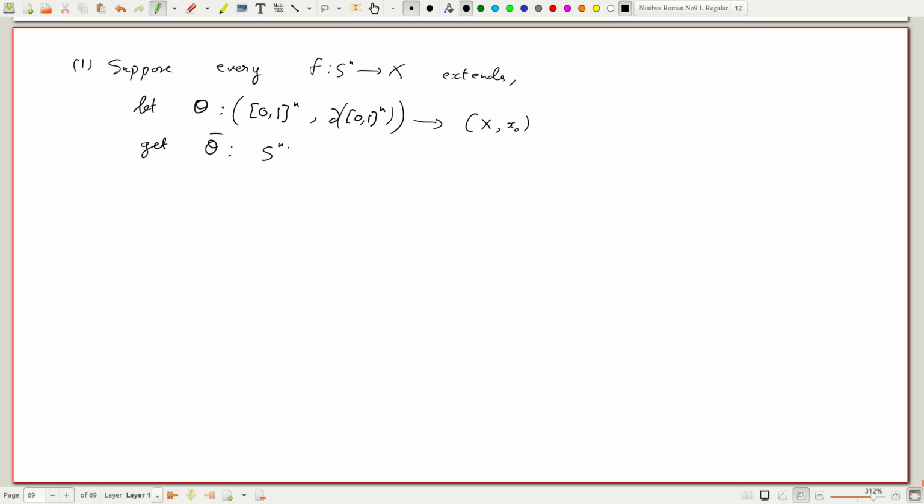So we get theta bar mapping S^n to X. In fact, I can take a favorite point here, let's go to some star to X, x0, where we take a quotient, so S^n is going to be [0,1]^n quotiented out by the boundary of [0,1]^n.